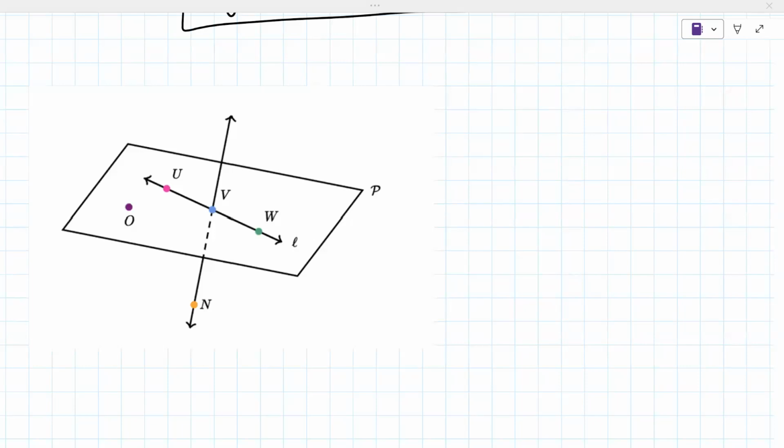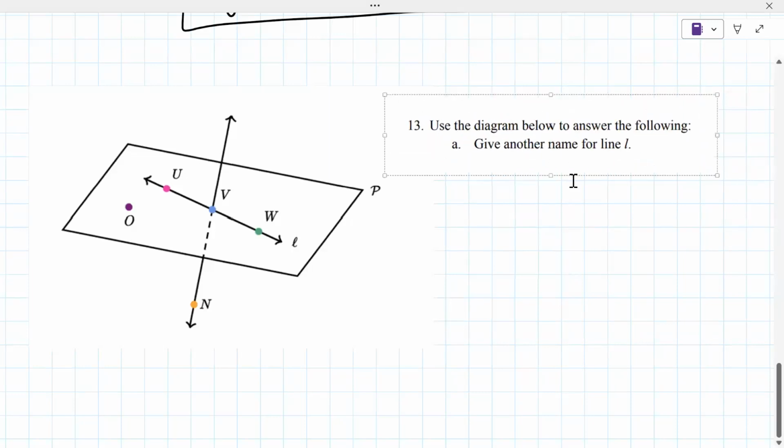This really goes back to some of the definitions here. The first one says, use the diagram to answer the following. You have another name for line L. So you can see that lines can be a single cursive letter, or they can be 2 points.